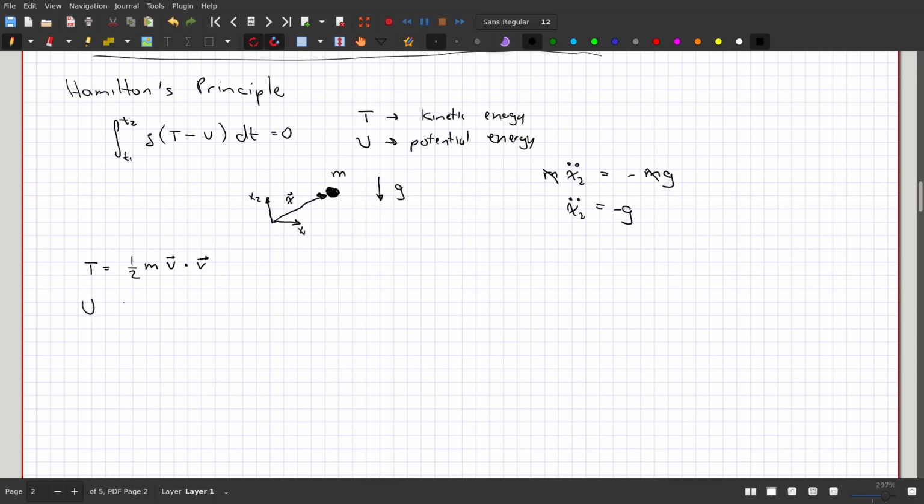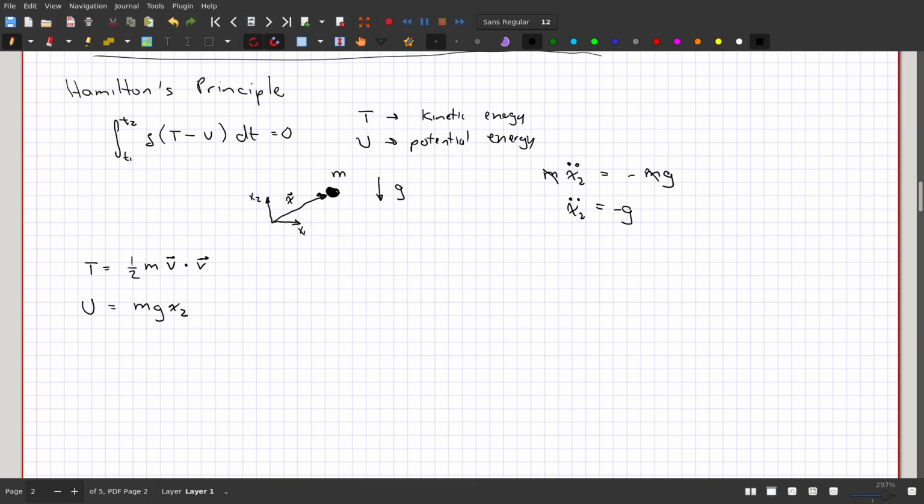And the potential energy, U, is going to be mg x2. Why are you taking minus there? Because it's falling in the direction of gravity, right? Well, because x2 is positive in this direction. So if you wrote a vector, that would be in the negative x2 direction.